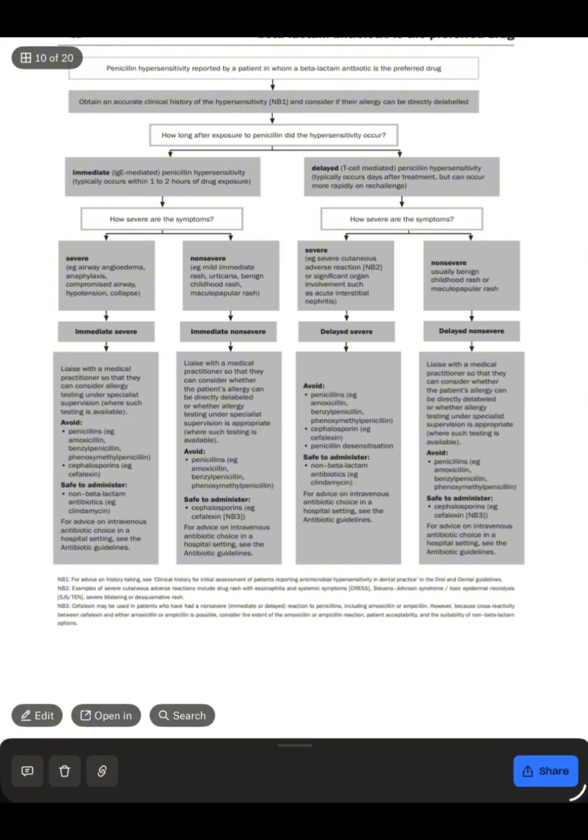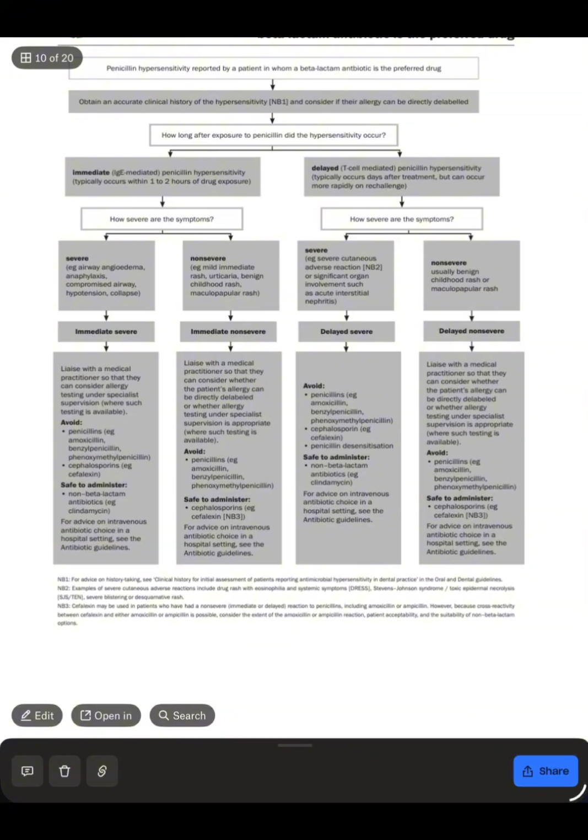In non-severe reactions, immediate or delayed, we need to liaise with the medical practitioner so that they can consider whether the patient's allergy can be directly delabeled. And we also need to avoid penicillin, all kinds of penicillin.